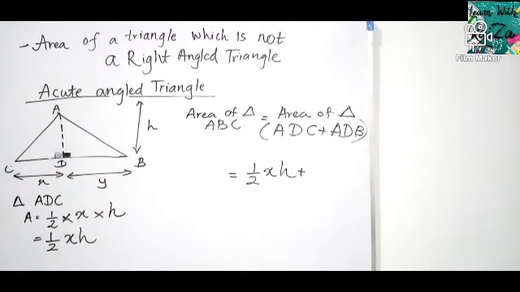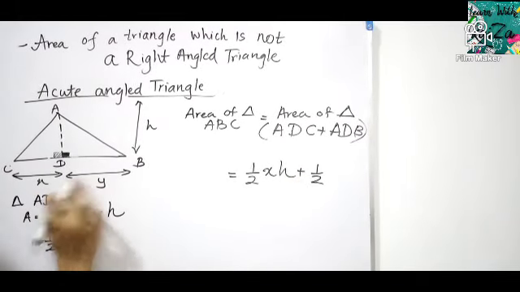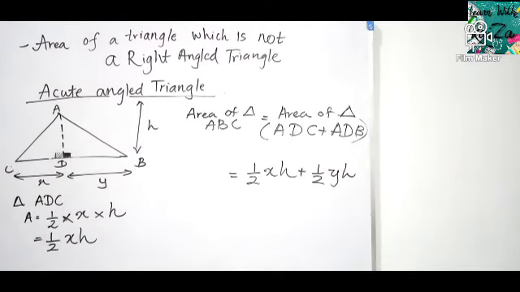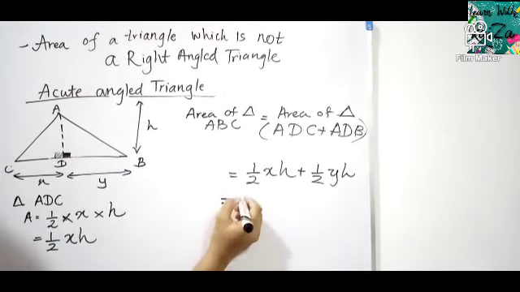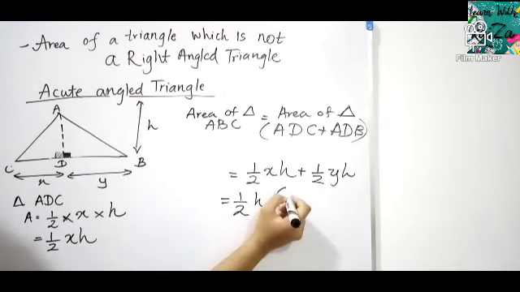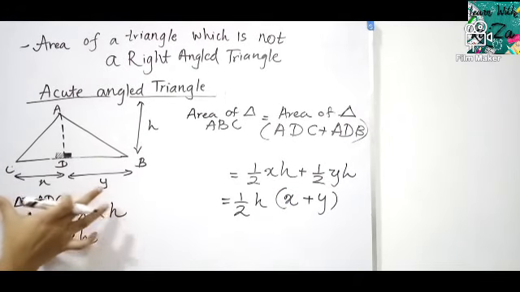What is the area of triangle ADB? Half, not x h, the base is y, so half y h. Now you can take the common terms out, both have half and both have h. So what should be inside the bracket? x plus y.